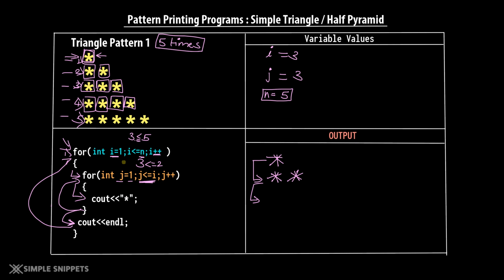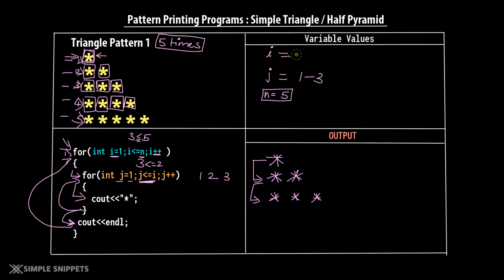When i becomes 3, the third iteration, the for loop starts from 1 to 3. So 1, 2 and 3 are the values that the j value will take, and the pattern will be printed 3 times. When i becomes 3, j will range from 1 to 3.